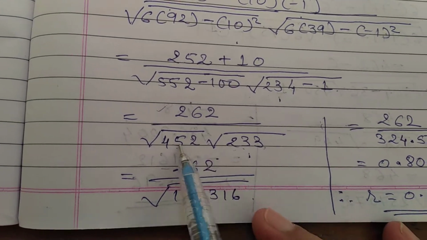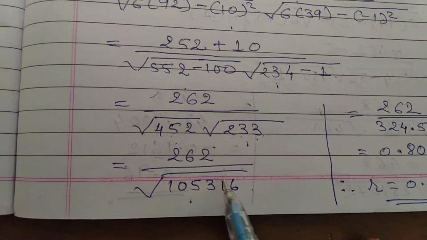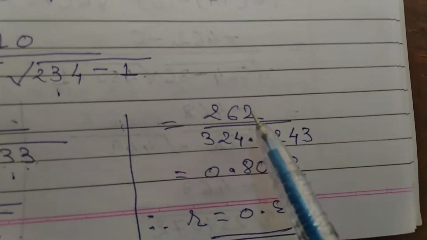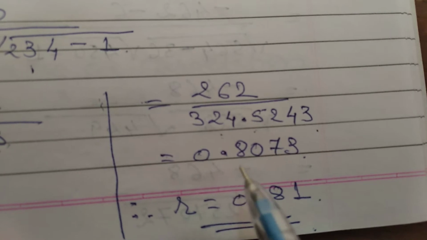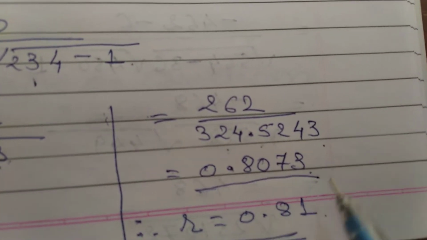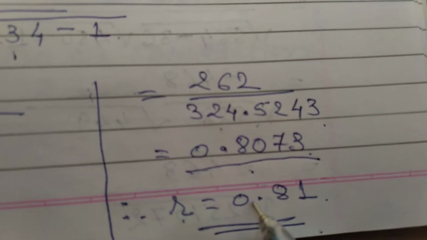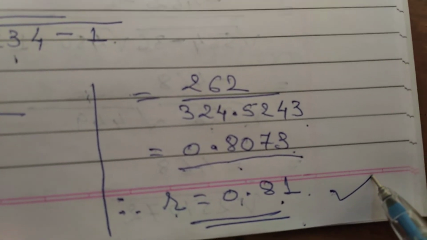Multiplication of 452 and 233 comes to 1,05,316. Find the square root of this value. You will get 262 upon 324.5243. And the division comes to 0.8073. Rounding off this value, r is equal to 0.81. This is your answer.